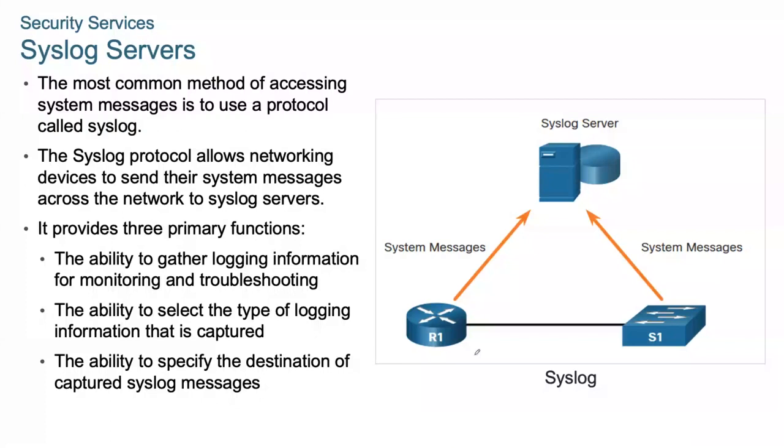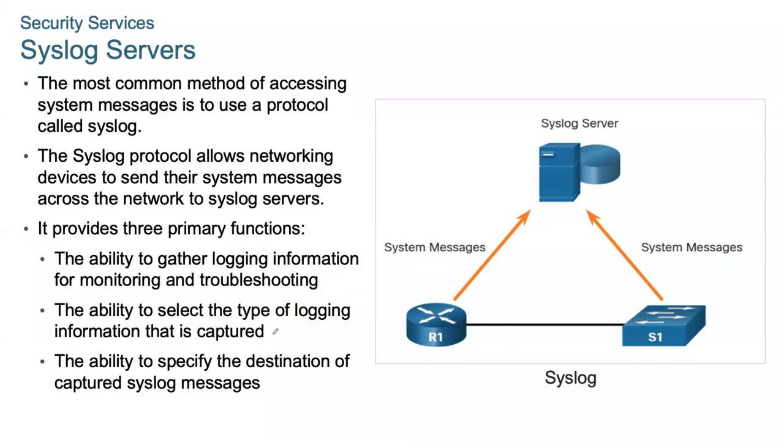The Syslogging service provides three basic functionalities, or primary functions. One is the ability to gather the logging information for monitoring and troubleshooting purposes. The second is the ability to select the type of logging information that is captured.